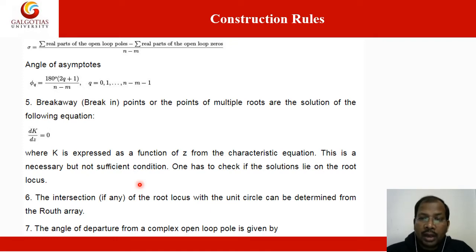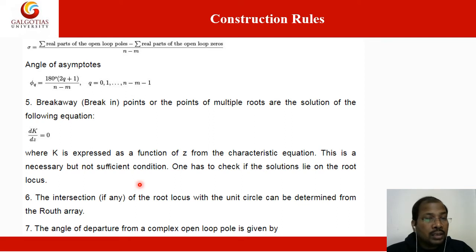We have to apply the Routh array, find the auxiliary characteristic equation and find the roots of the auxiliary equation, and these roots give the information where the locus is going to cut the unit circle.